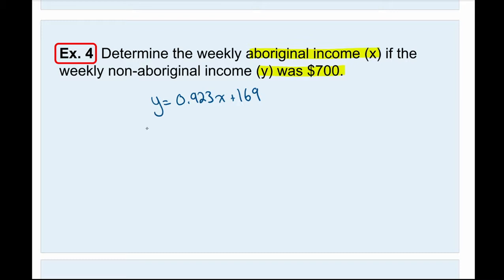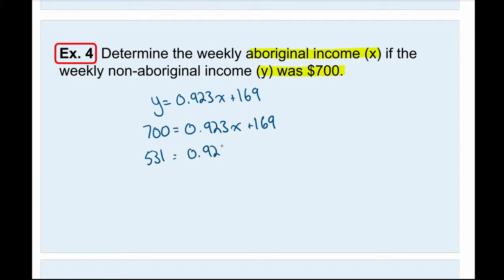We're told our y value is 700, and now I need to solve for x. So I move the 169 over, it becomes subtraction. 700 minus 169 is 531.